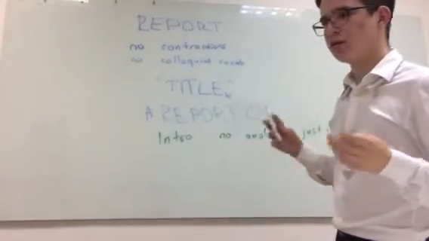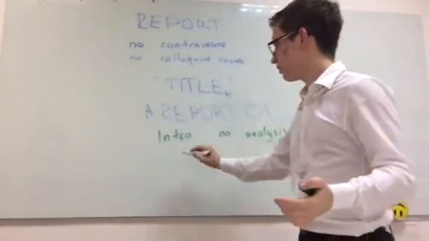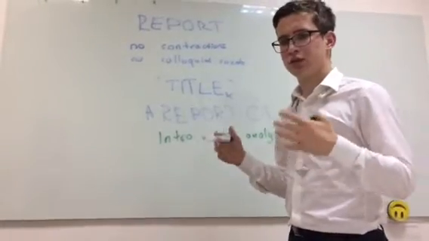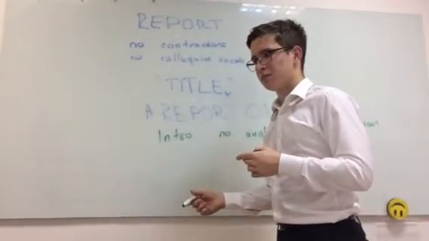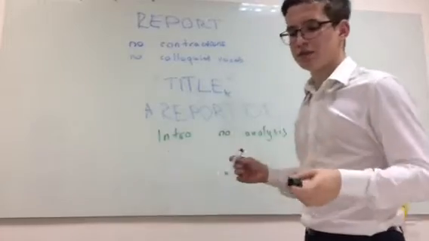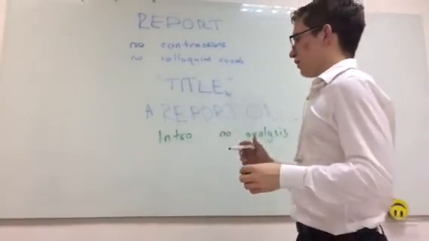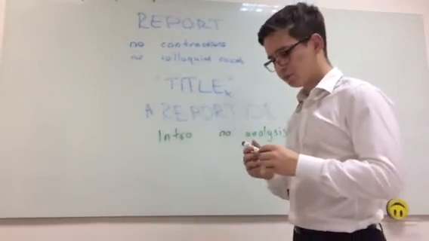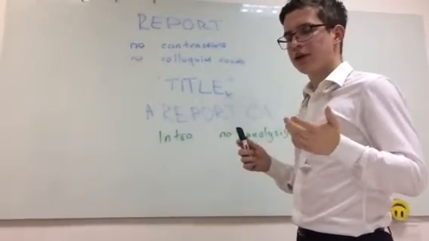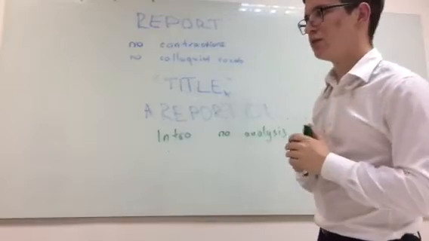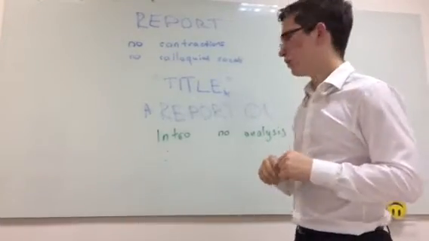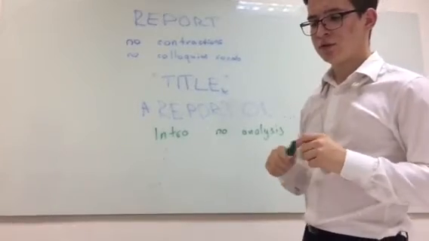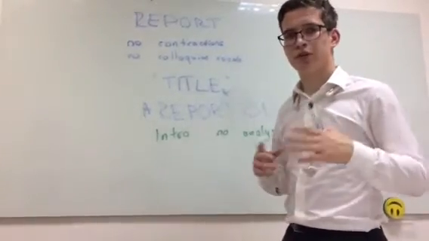You are given a lot of points to note, but you have to pick 2 or 3. You don't need to mention everything. You pick 2 to 3 main points, and you analyze them and compare them to each other.